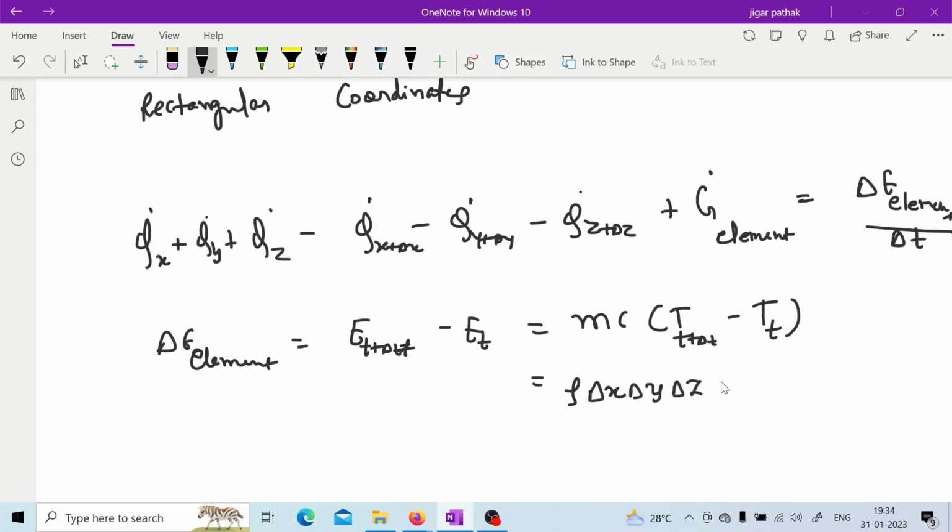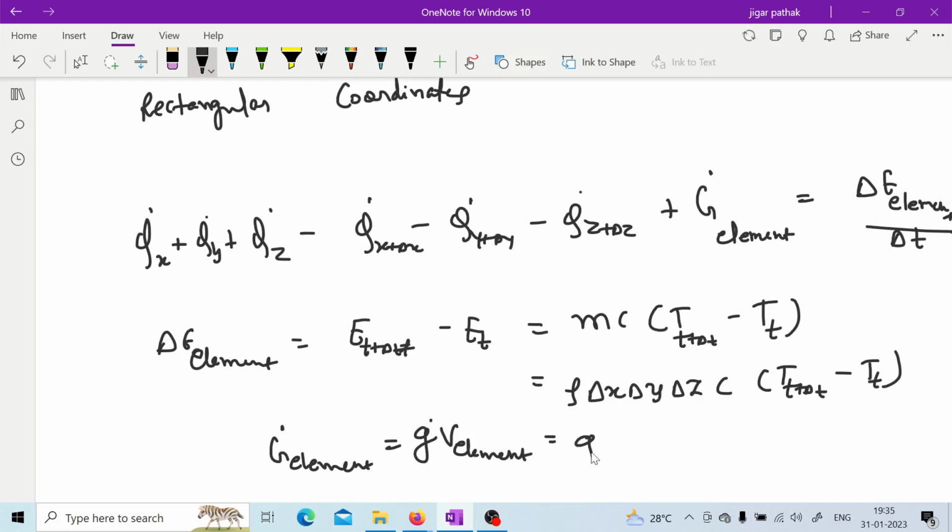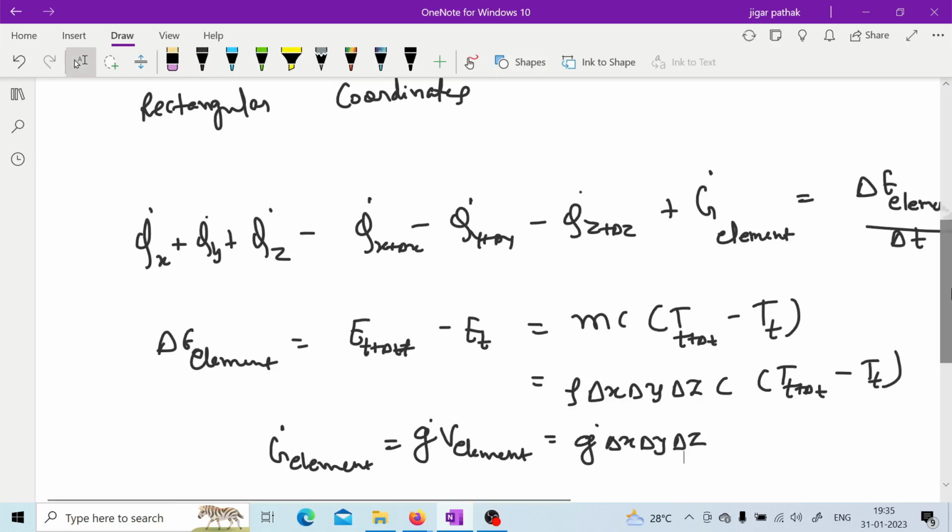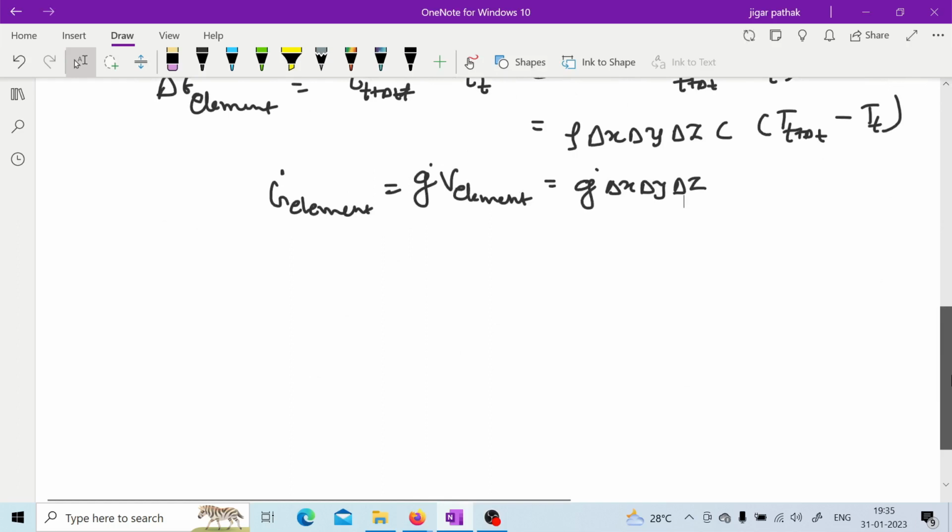This is how you can have your delta E. Similarly for the generation of heat, you will have G into the volume of the element, as we have considered previously also. So this is how you can have your different values of G and delta E in this case.